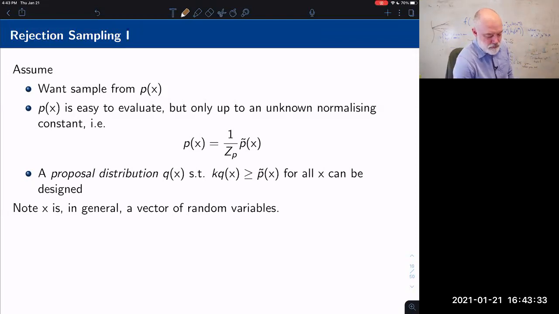And let's say that it's easy to evaluate, but only up to an unknown normalization constant. In other words, P of X is actually some unnormalized probability density, some unnormalized function P tilde of X, which if divided by a constant value Z_P becomes a properly normalized probability density function.